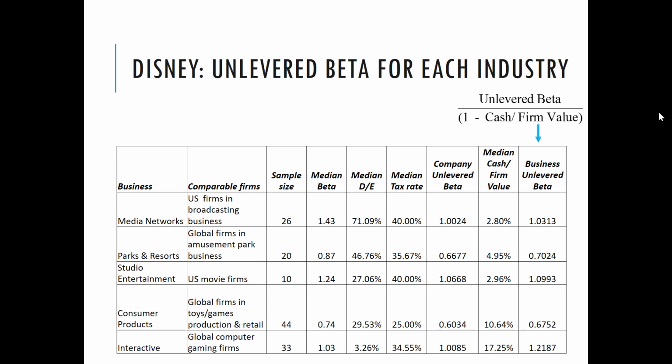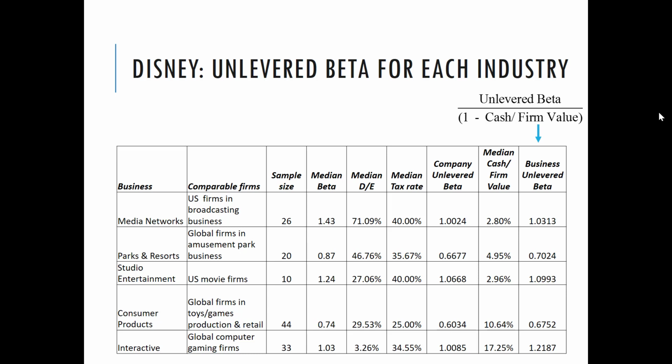So essentially you'd go through the regression betas, figure out what they are for each and every firm, and you might find that 1.24 is the median beta. You then figure out what is the median capital structure, what is the tax rate, to then unlever it, and it's 1.0668.